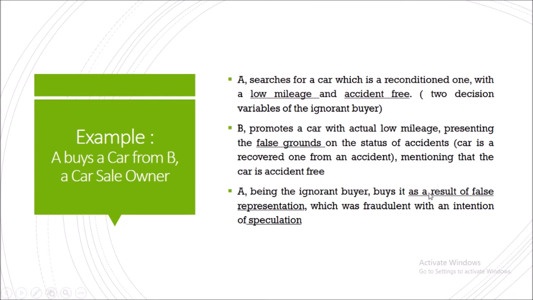He buys it as a result of false representation. What was the false representation? The accident-free car. It was not accident-free, right? As a result of this false representation, the buyer will buy the car.